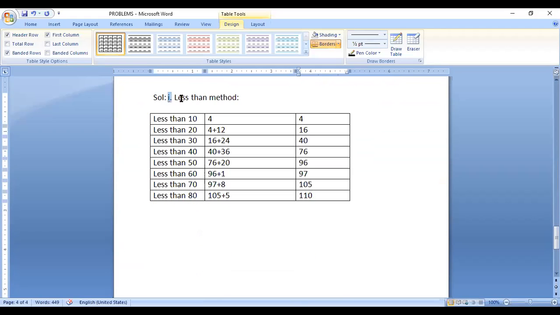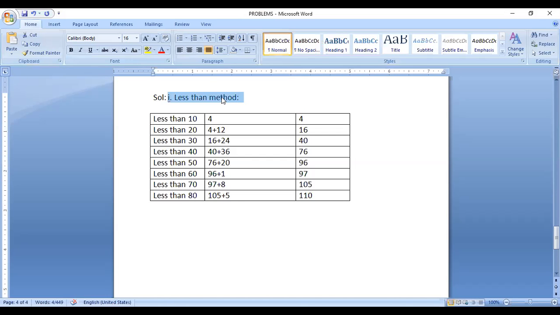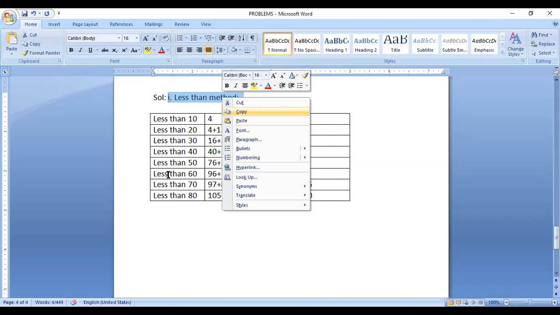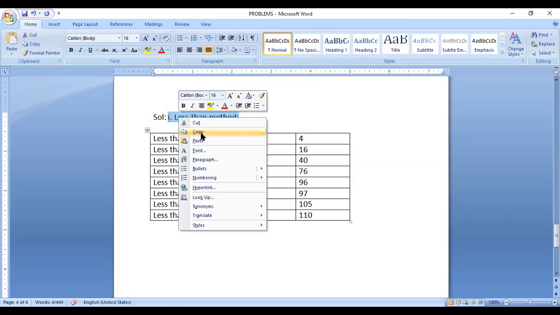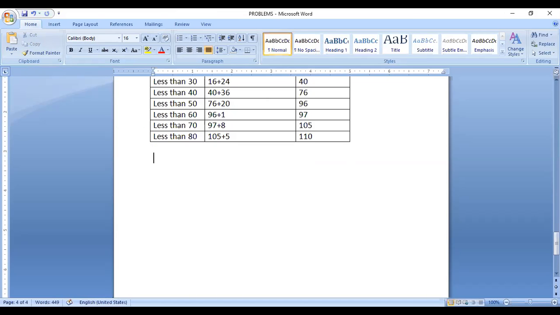Now, secondly, they have asked the more than method. In the previous problem we have seen. Again, do it. Okay. Second method. They asked us the more than method.